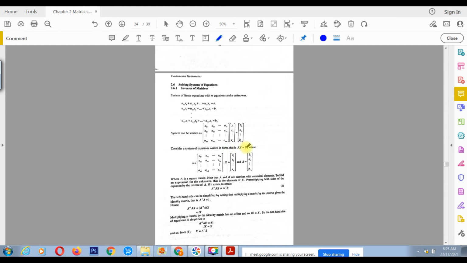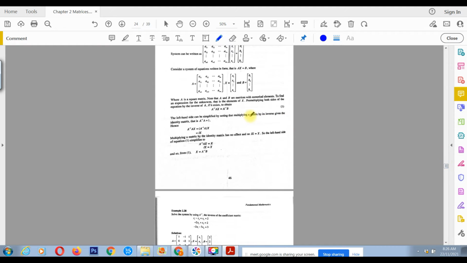So we have AX equals B, meaning A is this matrix, X is the variable that we want to find, and B is the solution. A is a square matrix, and note that A and B are matrices with numerical elements, to find an expression for the unknown.